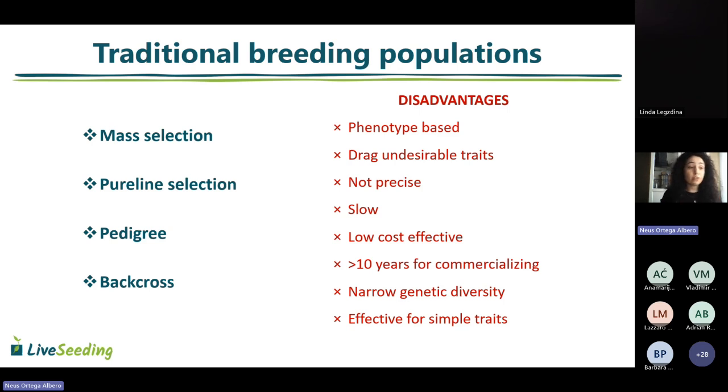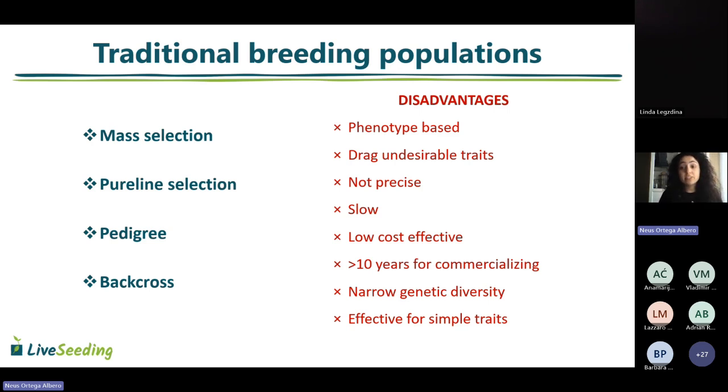They are also phenotype based. That means that when we are selecting through the phenotype, we can drag undesirable traits that are hidden in the genome into the descendants. Even if we do not see them in a generation, maybe through intercross, in the next generation, those negative phenotypes can appear. They are normally not precise, and they are less cost-effective than modern breeding populations or modern breeding techniques. They are also slow.